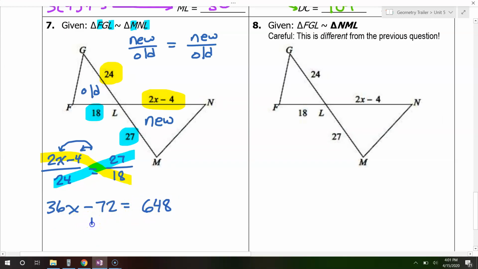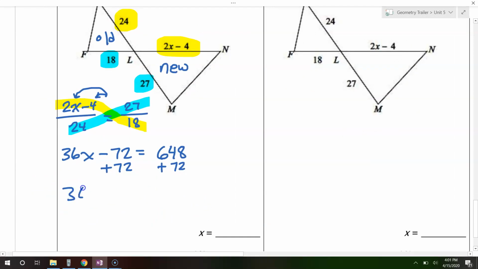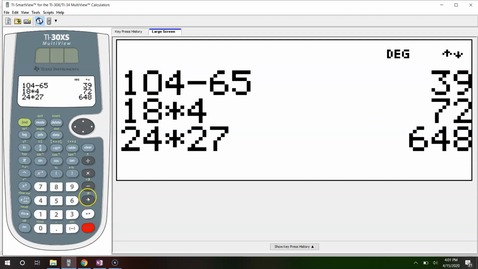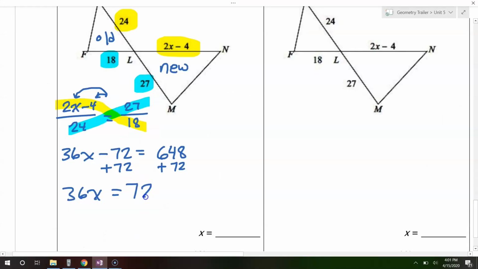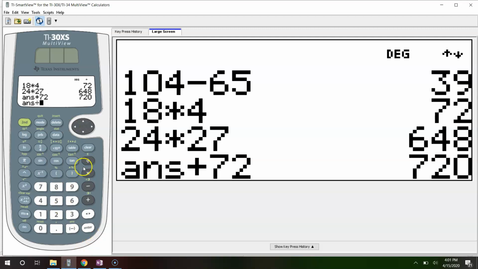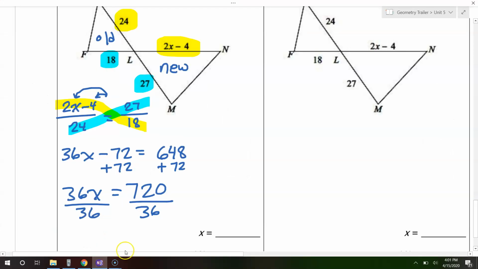Okay, let us add 72 to both sides. So that's going to give us 36x equals 720. The last step is to divide both sides by 36. And you get 20.